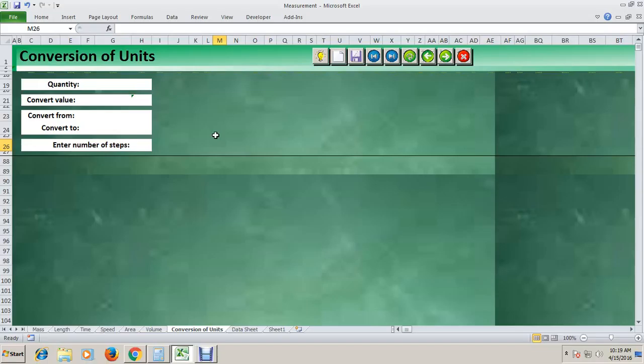You need to specify a finite number of steps, given that there are only a few of them that you actually memorize. During the exams, you're not actually allowed to have a copy of all the conversion factors.